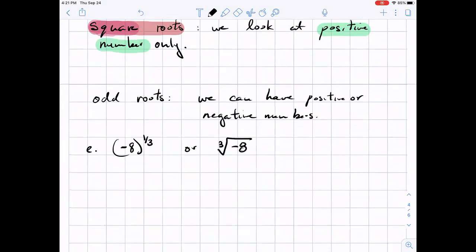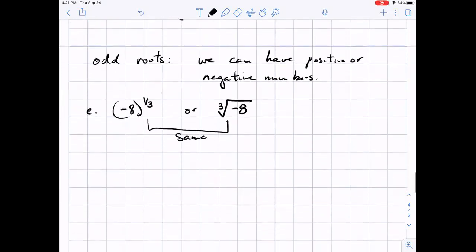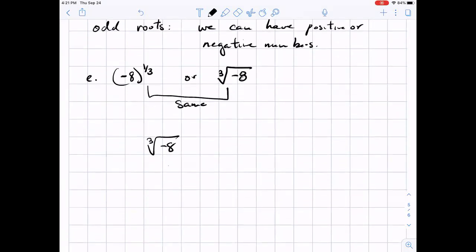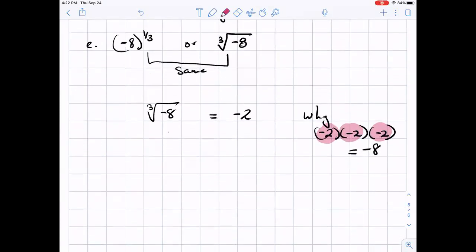You should see the link that this is the same. So the cube root of negative 8, the cube root of 8 we know is 2, so the cube root of negative 8 becomes negative 2. And the reason why is because negative 2 times negative 2 times negative 2 becomes negative 8. So negative 2 is the number we're thinking about.